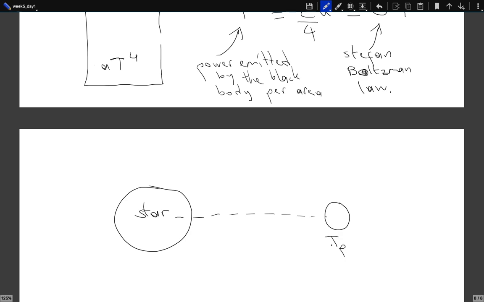But you can define some kind of an average temperature. So assume everywhere is of the same temperature. You know how much it emits. You know how much it absorbs. You know the temperature of the star. By knowing this distance, you can determine the energy flux falling on the planet. You can determine how much energy it absorbs.